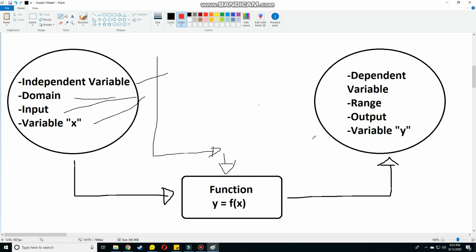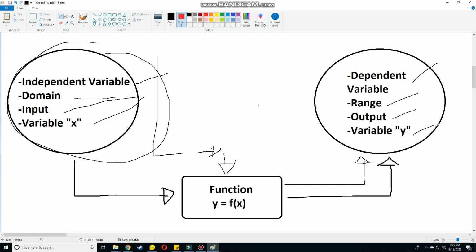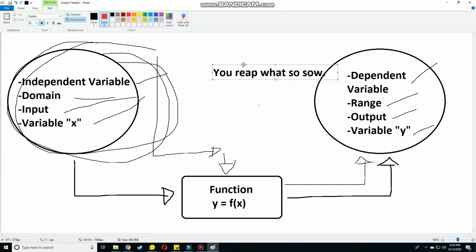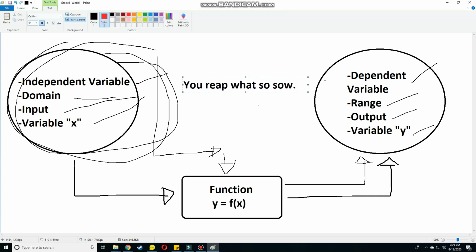And after that, the seeds would become a tree, and after becoming a tree, you would have the fruits now. And the fruits that you have are called the dependent variable, the range, the output, and the variable y. So meaning you just reap what you sow. All of those here are the result of what we have on this circle here.